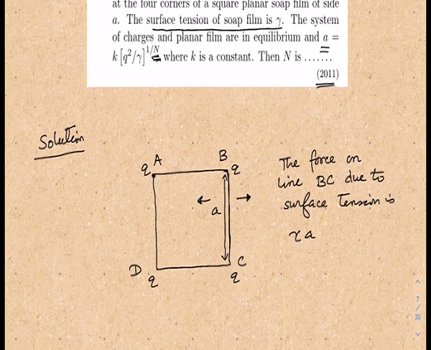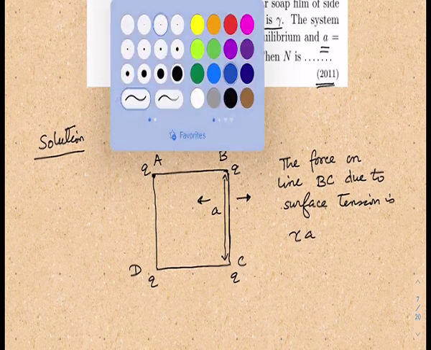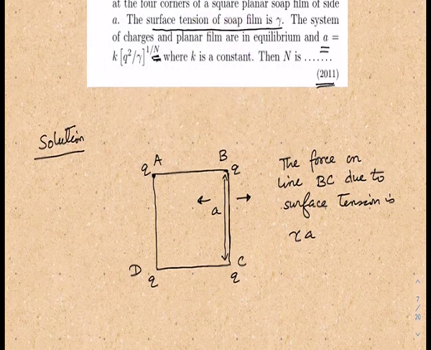But to do that, let us do the analysis a little bit more carefully. If you look at point A here, calculate the force at point A due to the charges at B, D and C. First, due to the charge at B, it would be along this direction. Due to the charge at D, it would be along this direction.